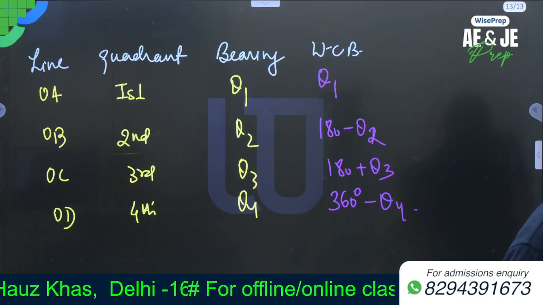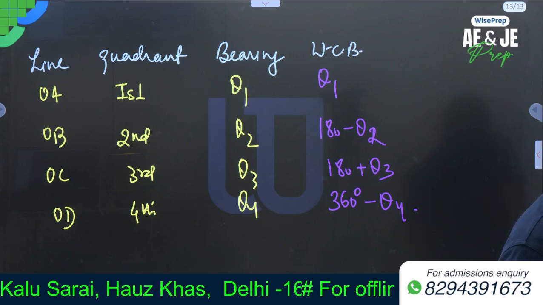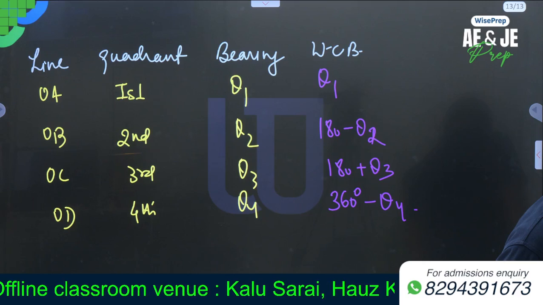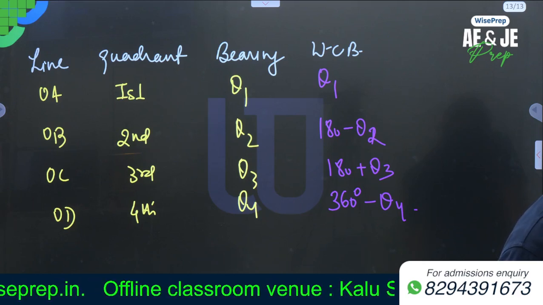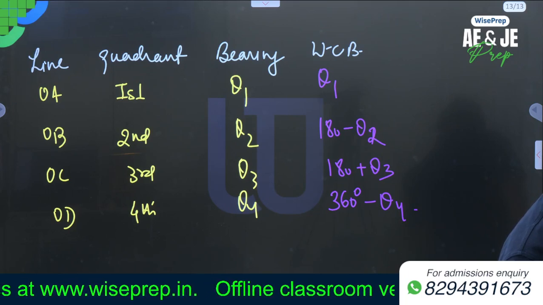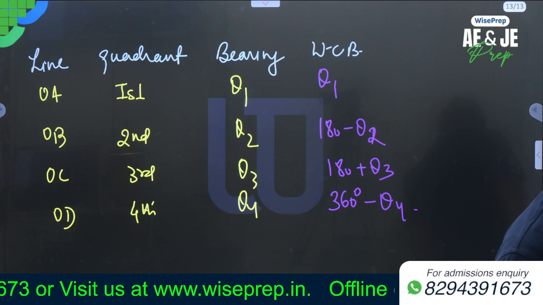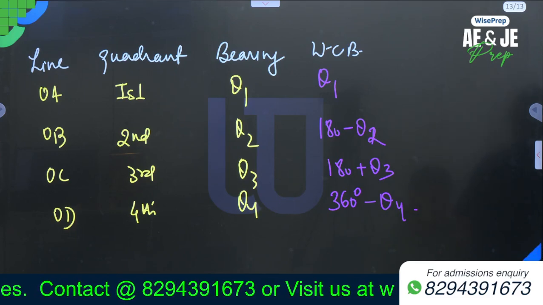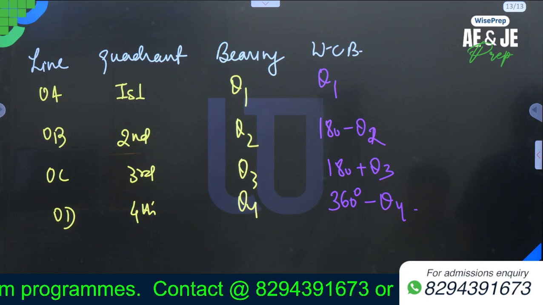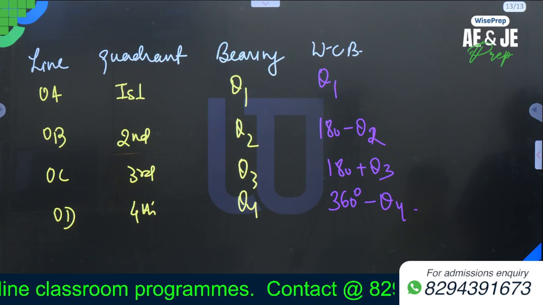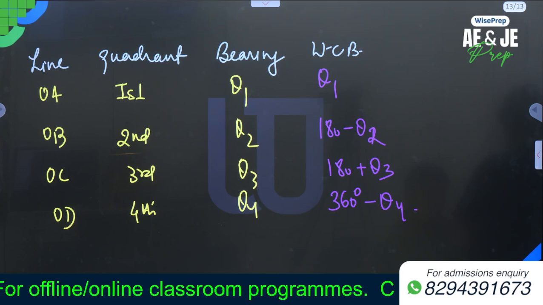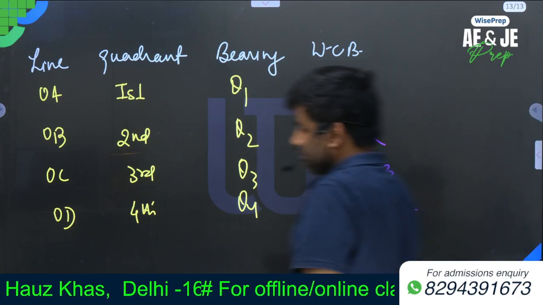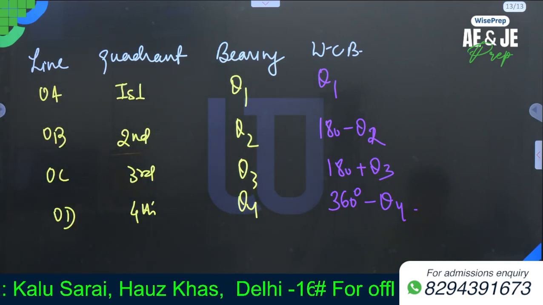Use black, green, any pen. Okay, that's reduced bearing. What you do is first read all the copy properly and then attempt it at home, because so many are wrong. Tomorrow I will teach you that, reduced bearing.